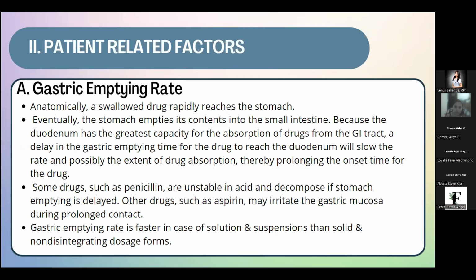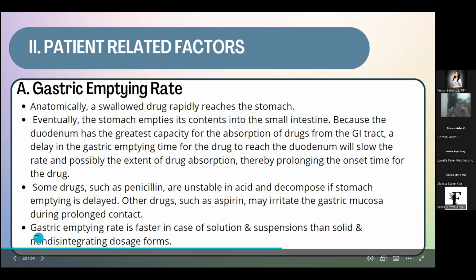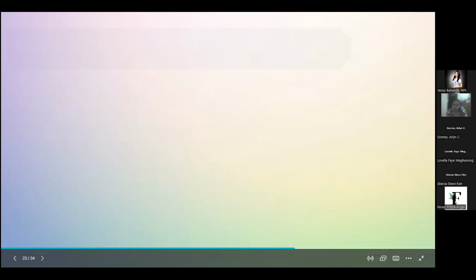Some of these drugs are penicillin that are stable in acid and decompose if stomach emptying is delayed. Another example is aspirin that may irritate the gastric mucosa during prolonged contact. And gastric emptying rate is faster in case of solutions and suspensions than solid and non-disintegrating dosage forms.